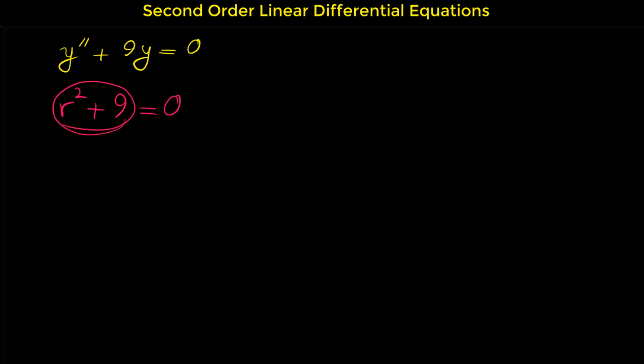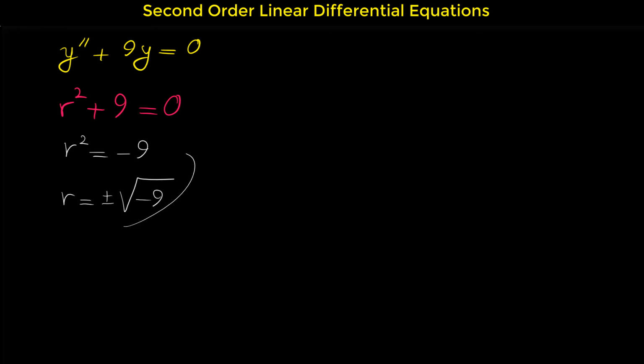If you try to factor this, actually you can't factor r squared plus 9. So for solving this equation, you can use the quadratic formula, or you can find r in this way. You can keep r squared on the left, move 9 to the right, so we have r squared equals negative 9. Now for finding r, take a square root of both sides. r equals plus minus the square root of negative 9.